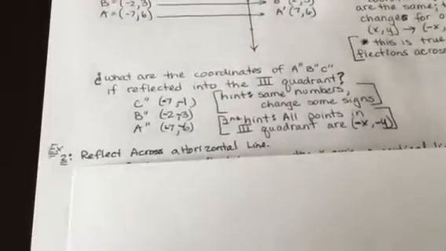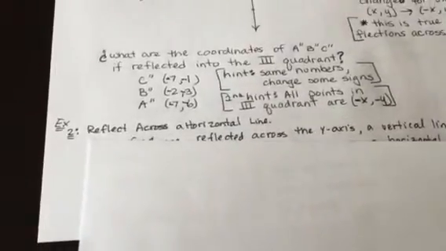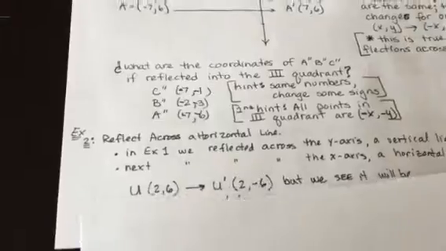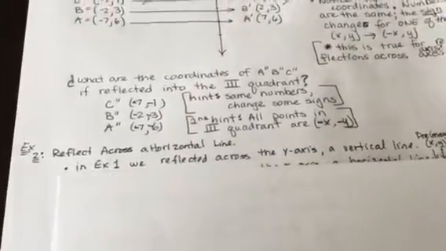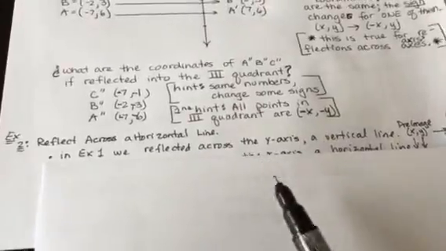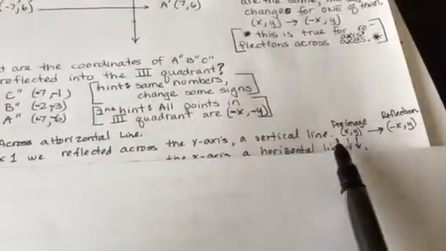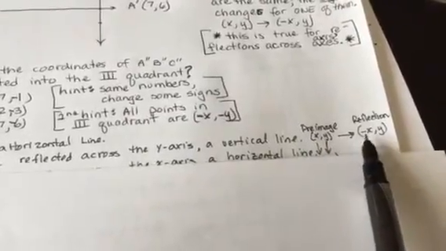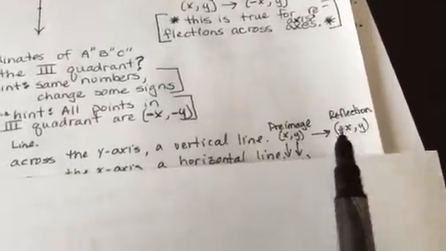Example 2 is now reflecting across a horizontal line, which we just did, but this horizontal line is not going to just change the signs. Example 1, we reflected upon the y-axis, which was a vertical line. Our pre-image was (x, y), our reflection was (-x, y).